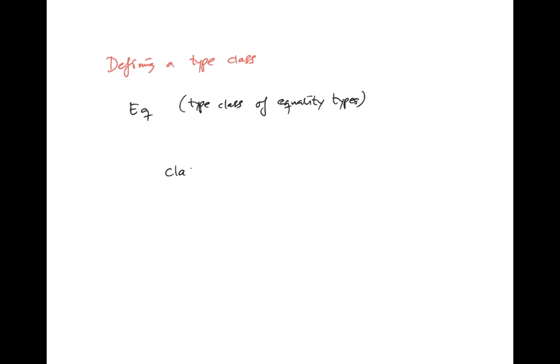We write class Eq a, and we say that Eq has an operation. We call this a method, because this is a function that's specific to all instances of the type class. And we specify its type. The type is, well, give me a value of type a and another value of type a, and then the method, the equality function, will return a value of type Bool.